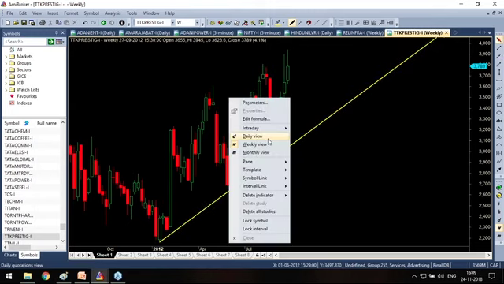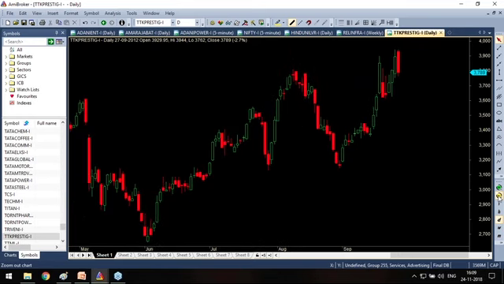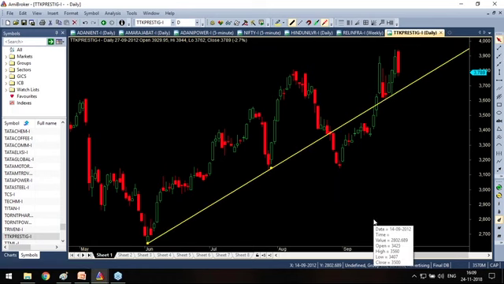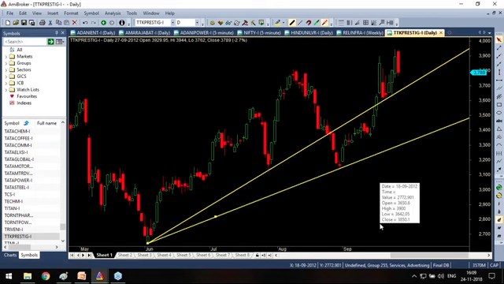Then I'll go to daily. I found that the weekly trend is up. Then I decided to draw a trend line for this. Initially, I draw a trend line like this. Now the trend line is broken. Now I revise my trend line to this. Correct, friends?